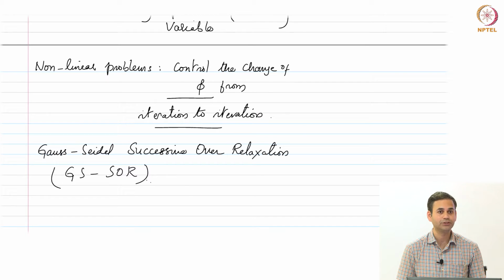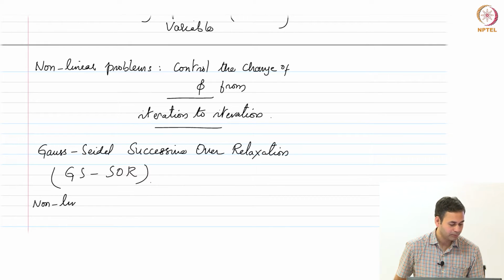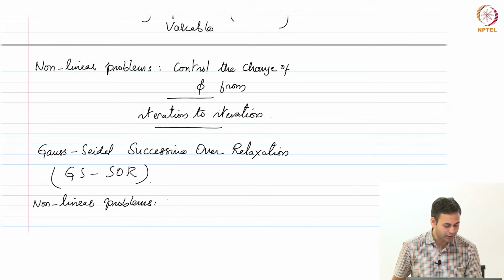You have a relaxation coefficient, that is what you would tune such that you can get convergence much more quickly. Now, usually over relaxation is not used in the context of nonlinear problems. If you have nonlinear problems, then you would go more often for under relaxation than over relaxation.